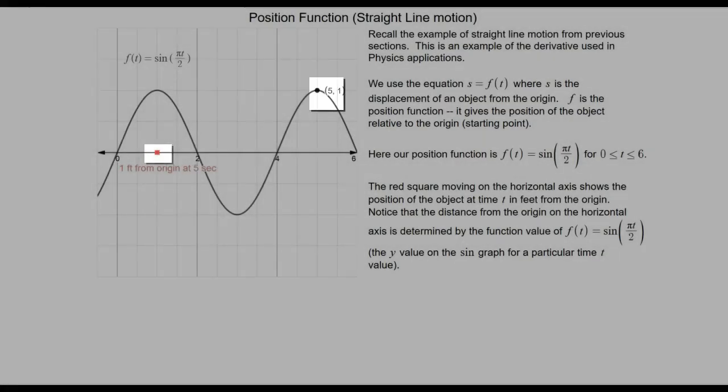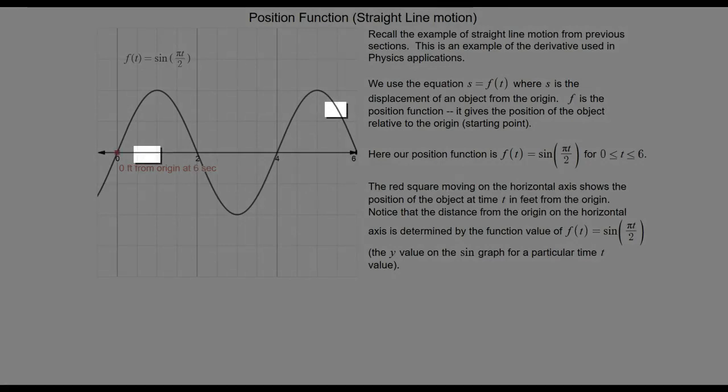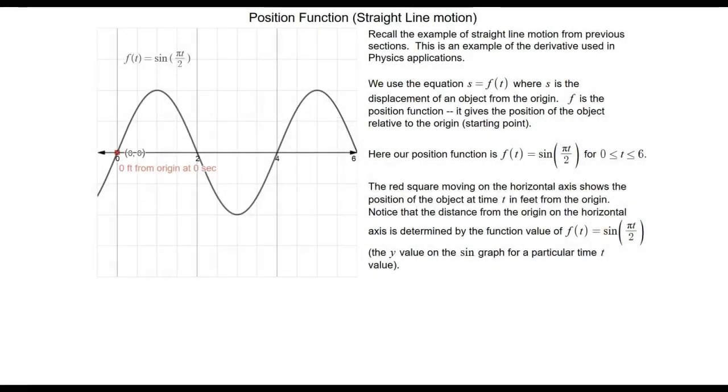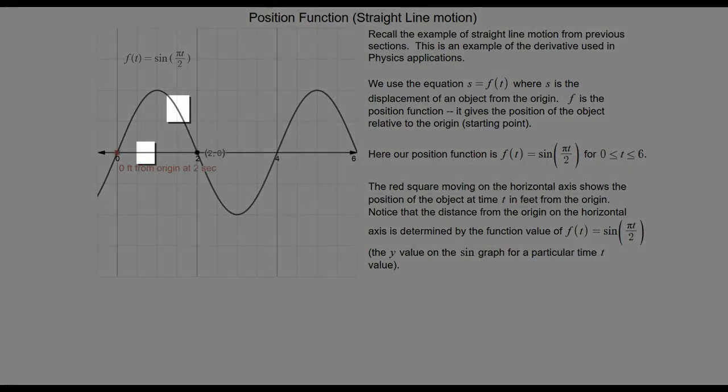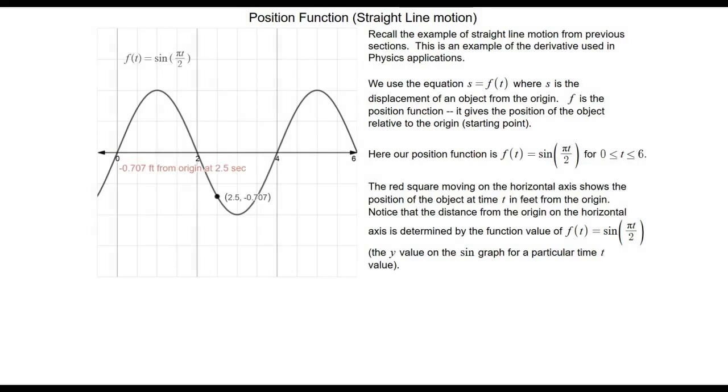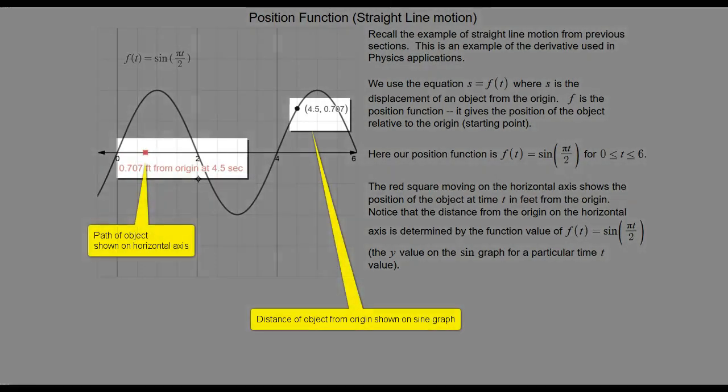So we'd seen an application from physics before, last chapter when we talked about straight line motion. So this is an example of the position of an object being determined by a function, but the graph of the function isn't showing us the path that the object is at.